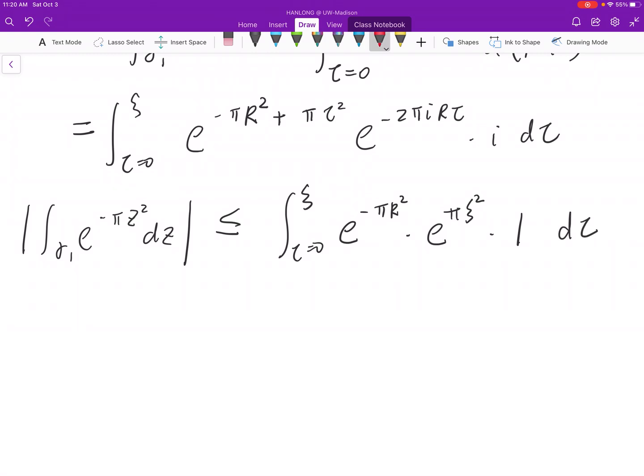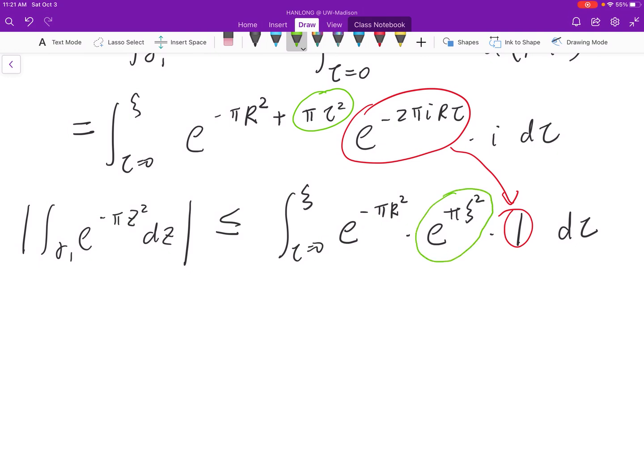So how do we get this? Because this one is bounded by 1. It's an exponential of an imaginary number. Use the Euler formula, it's always on the unit circle. And for this part, tau is from 0 to c, so no matter how large it is, it's always bounded by exponential pi c squared. And then, of course, this one is also bounded by 1.